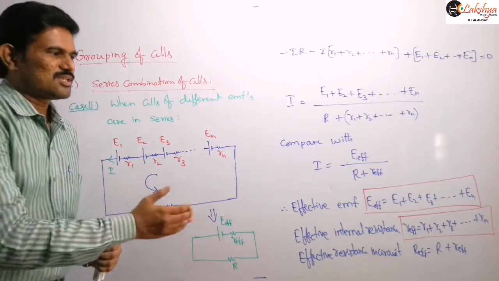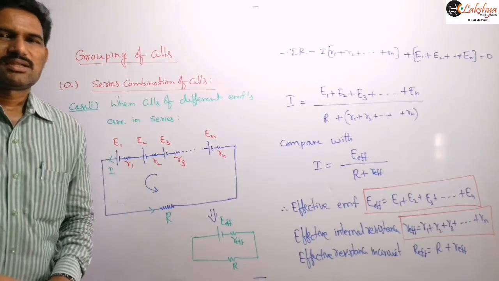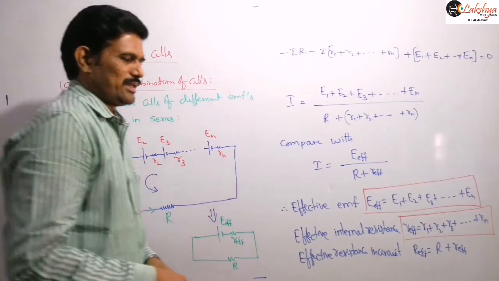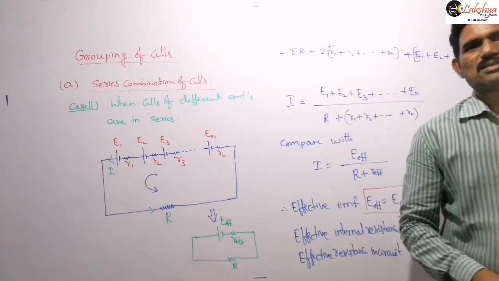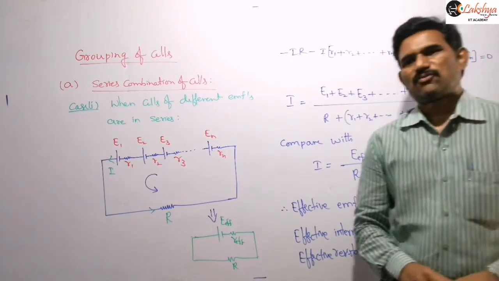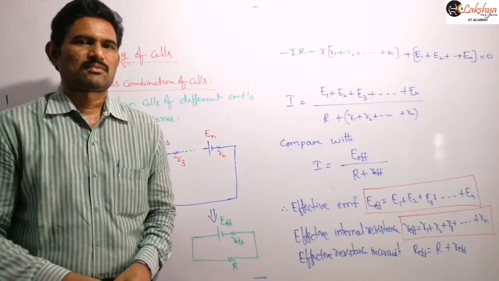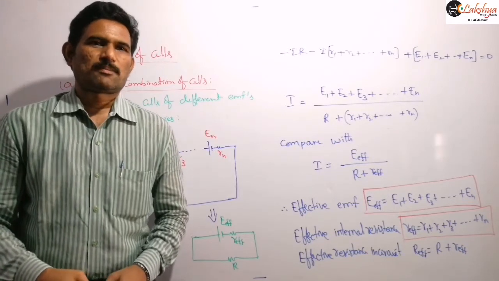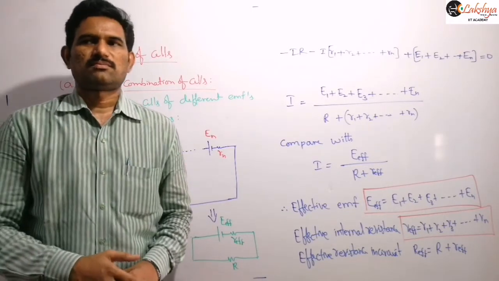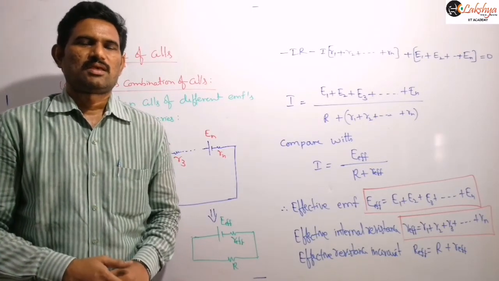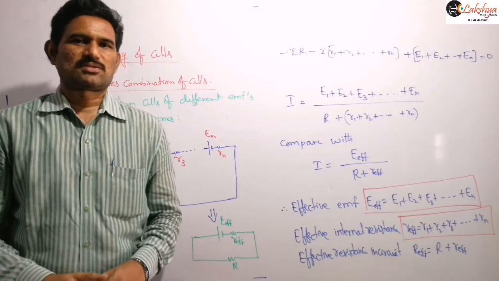Right. So just mention a sentence after this. Therefore, when n cells are connected in series, the effective EMF is equal to the sum of EMF of the individual cells.